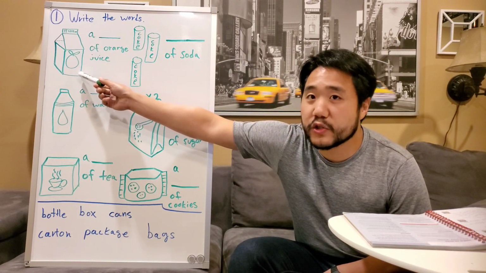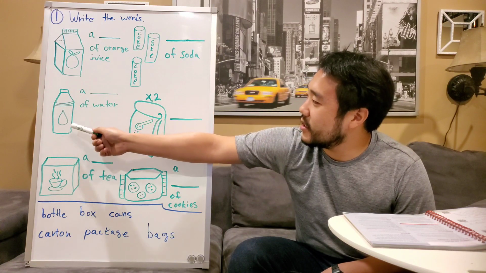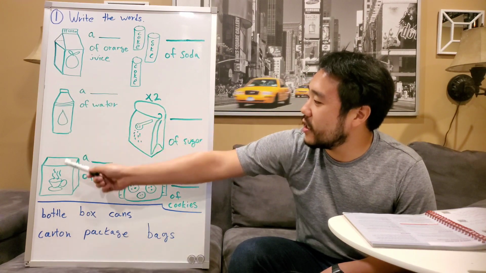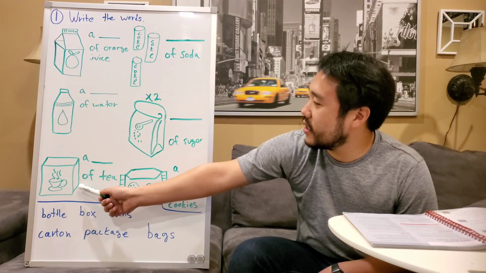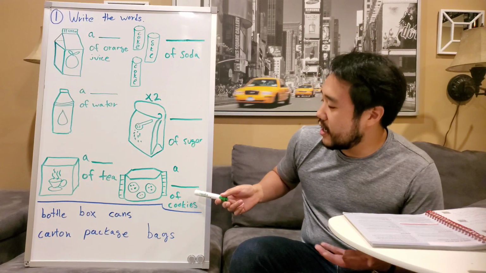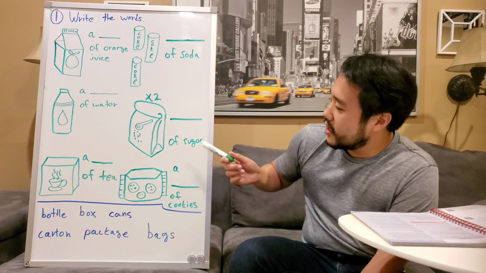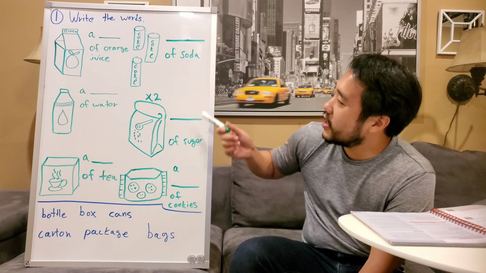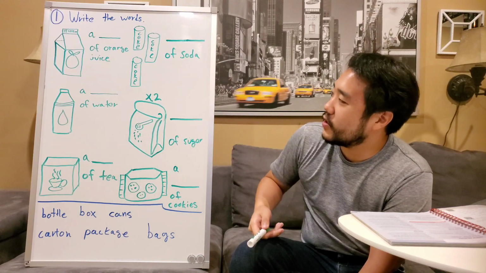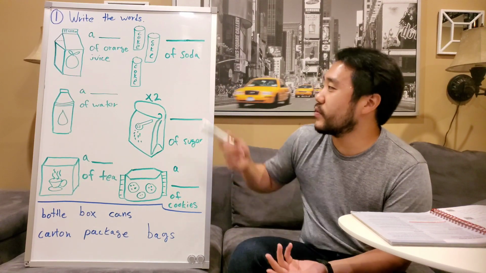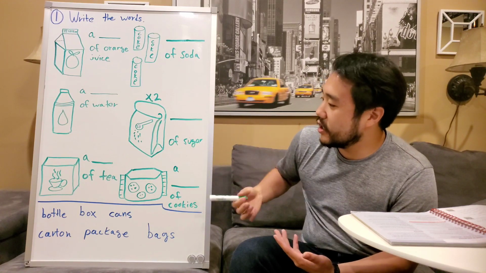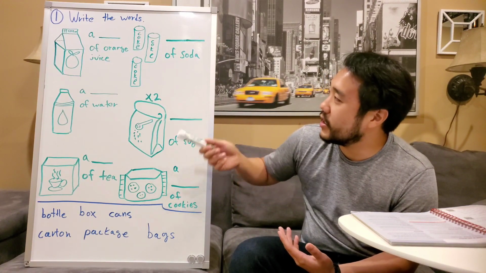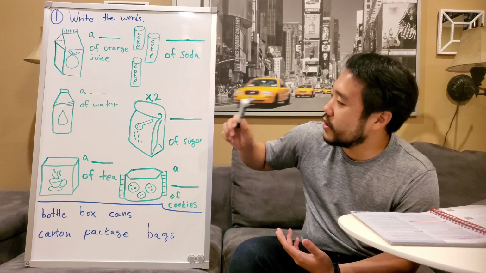This is an orange juice. This is water. This is tea. This is cookie. This is sugar. And this is soda. So it's a representation of soda, sugar, cookie, tea, orange juice, and water.